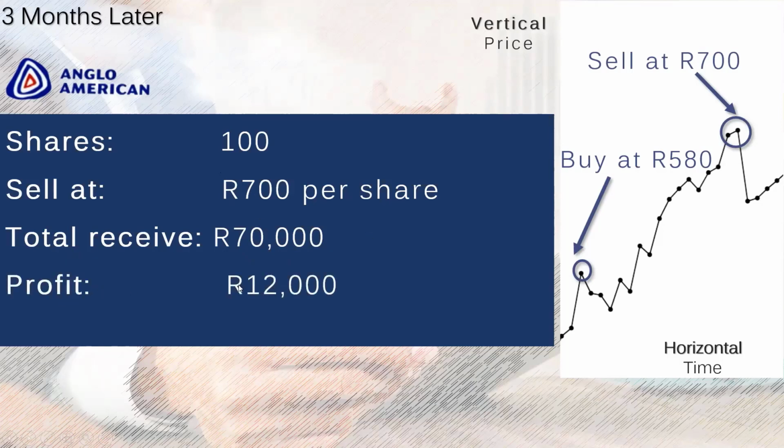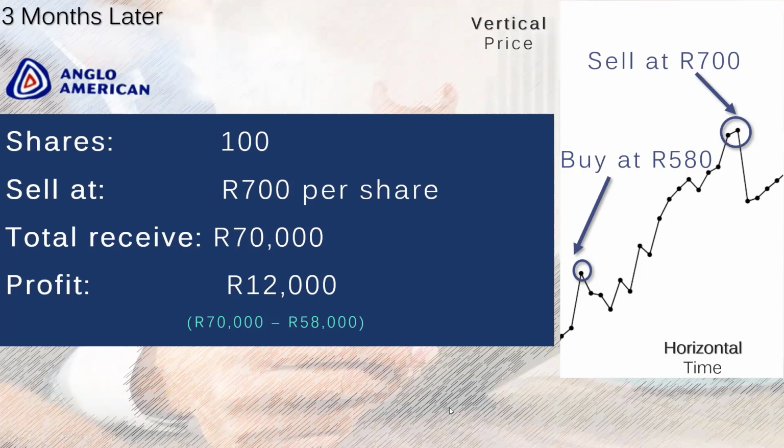And we'll profit 12,000 Rand. And why is that? Because we put in 58,000 Rand. So we do put 70,000 Rand into our bank, but we put in the 58,000 Rand that we put in at the beginning, and we bank a profit of 12,000 Rand.